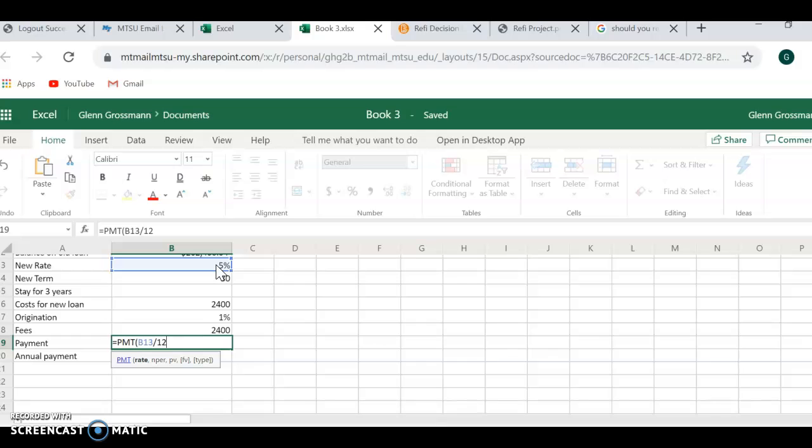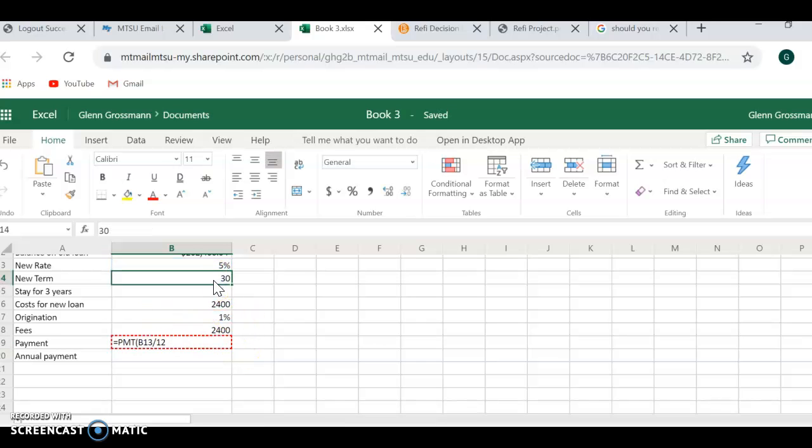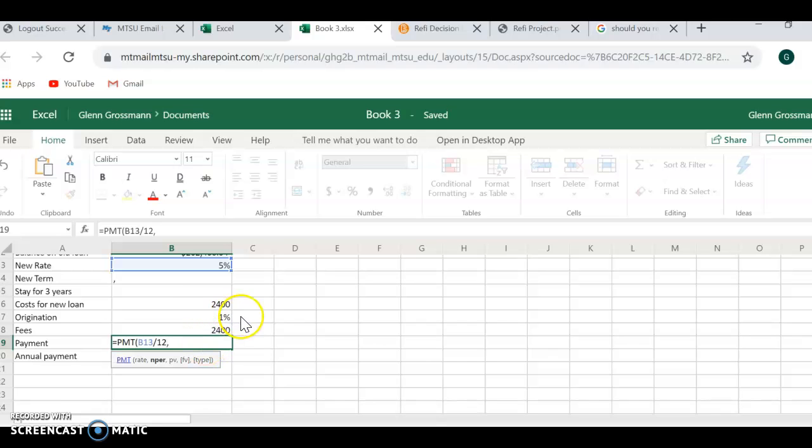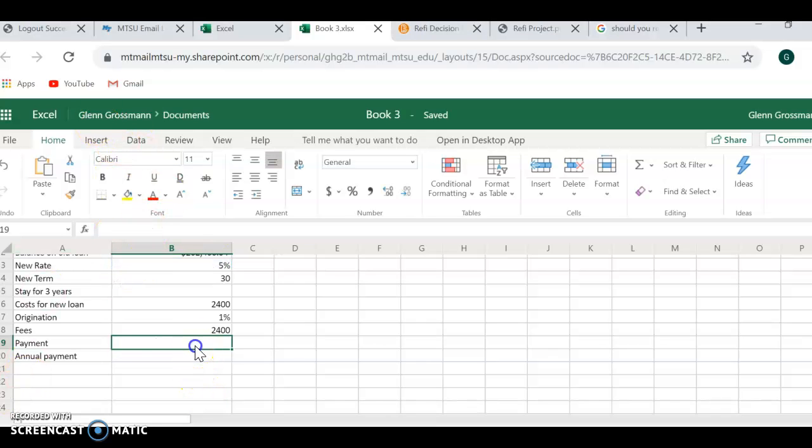And then take our new term, which is still the same, 30 years, and then key in our balance on the old loan. Whoops. Oops. Try this again. I think I messed something up.